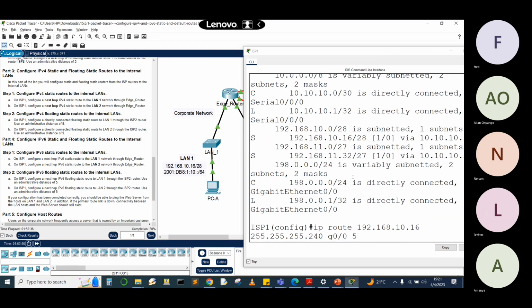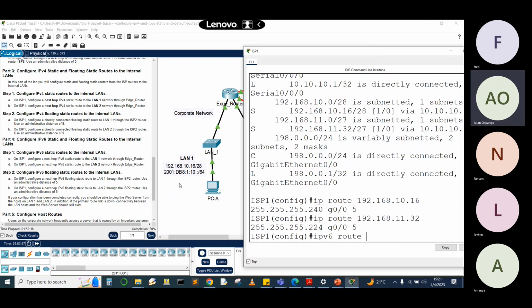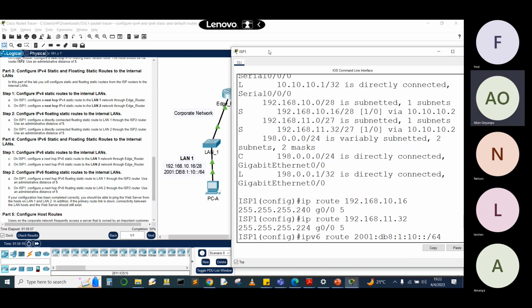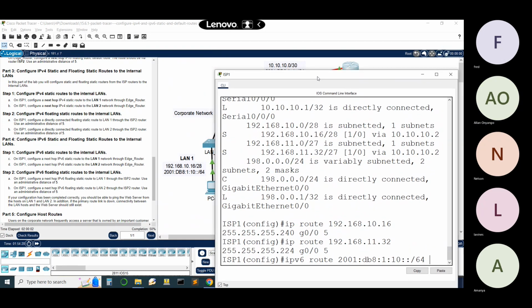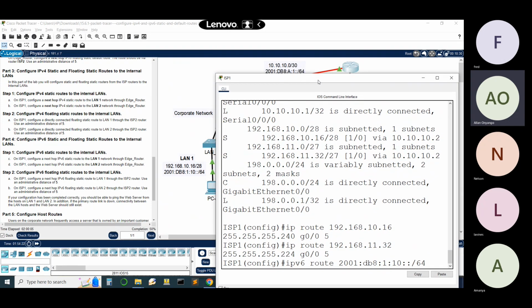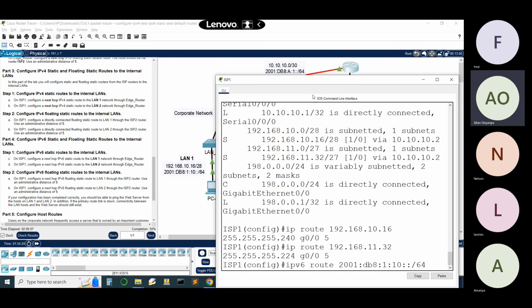All right. So ipv6 route, we need this network of LAN 1, which is 2001:DB8:1:10::/64. See that? And then what we need is the next hop IP, which is what is up here, but with that at the end.